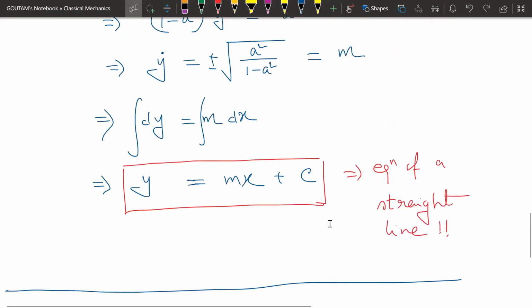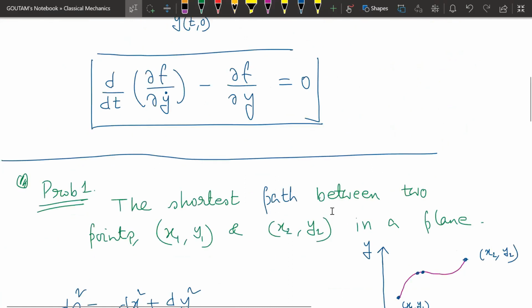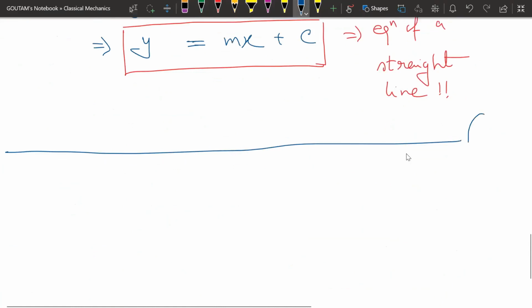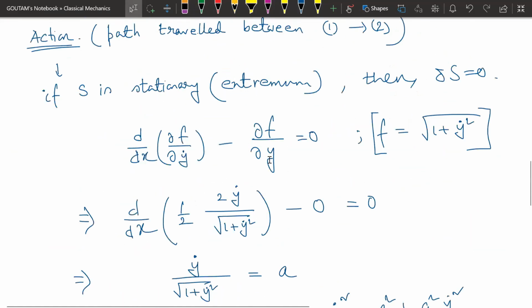One more thing which I forgot to mention: if we try to find the shortest distance, if we have a sphere, and there are two points on that sphere, and we want to find the shortest distance between these two points while we stay on the surface of the sphere, that we can also derive by this variational principle.